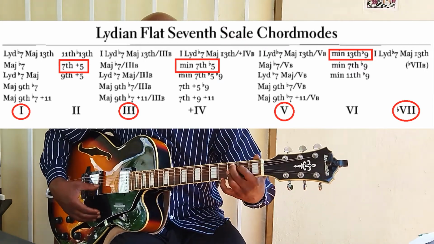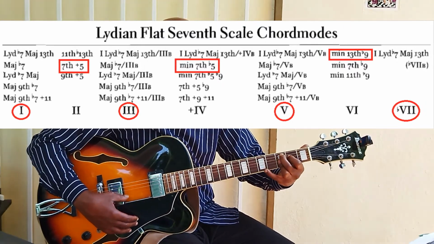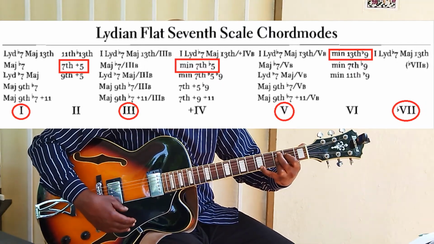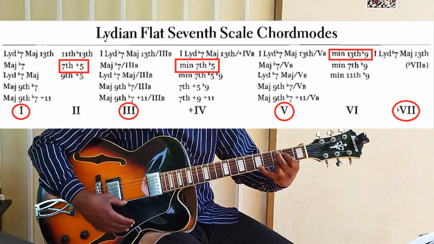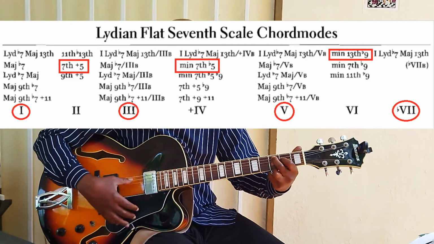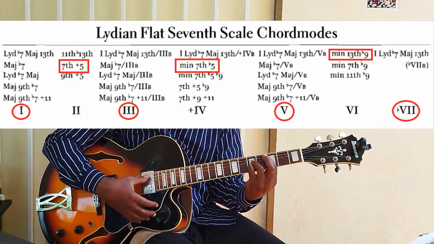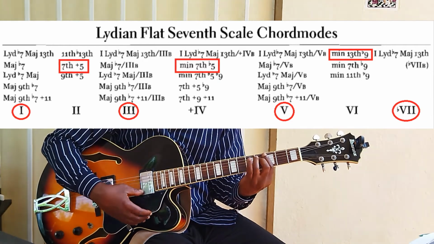So the same process. 13, 9, 7th, 9, sharp 11.